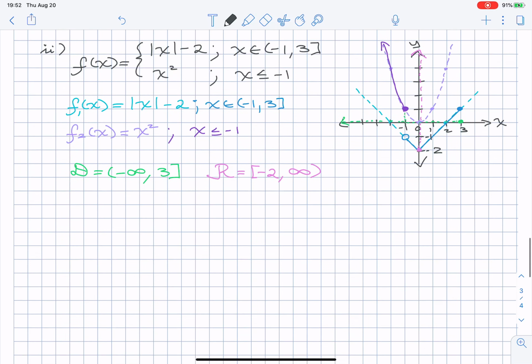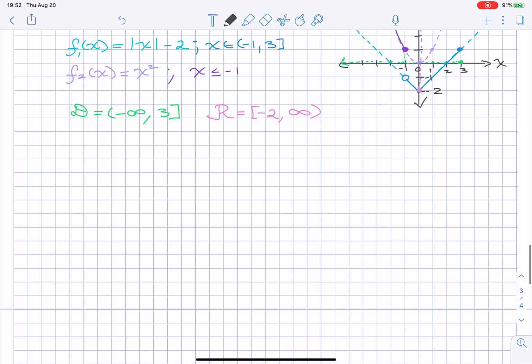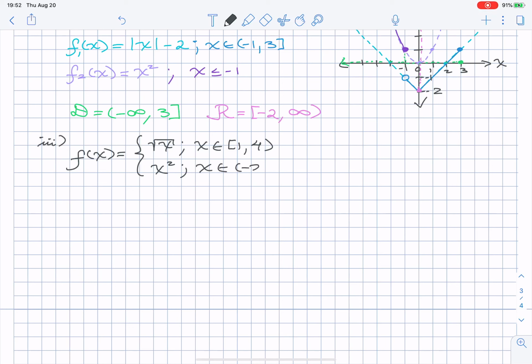Okay, let's do one more, shall we? Looks like one more will fit. So let's say we have f of x equal to the square root graph for values of x between 1 and 4, and once again x squared for values of x between -2 and 1.